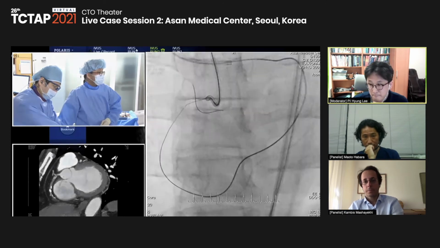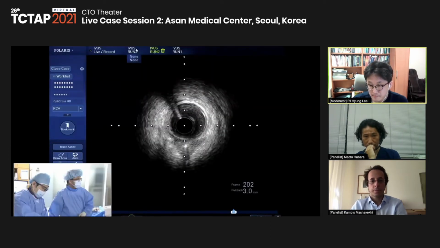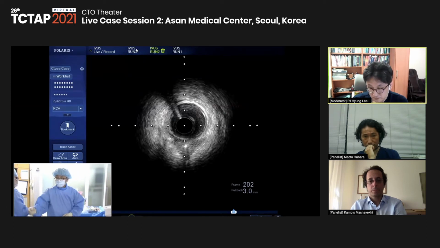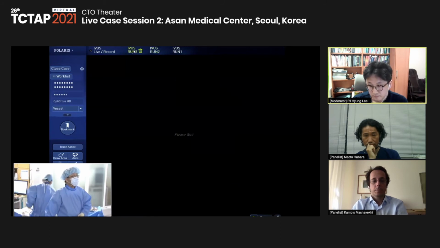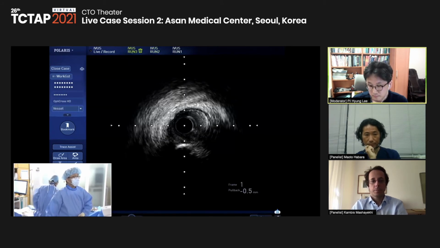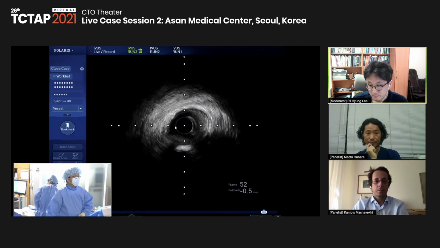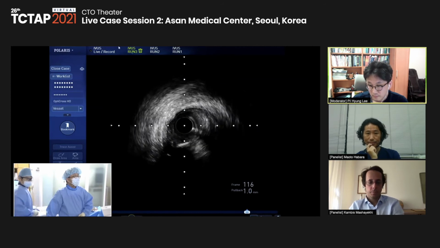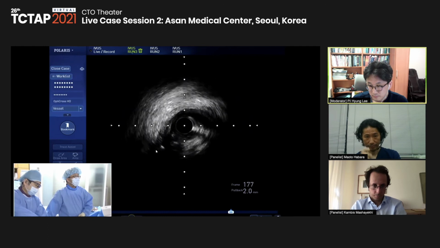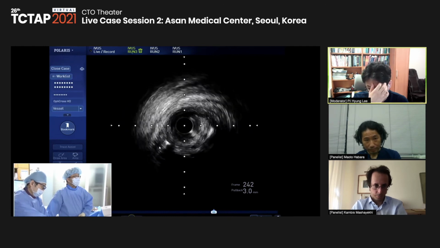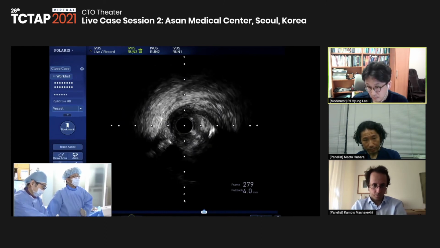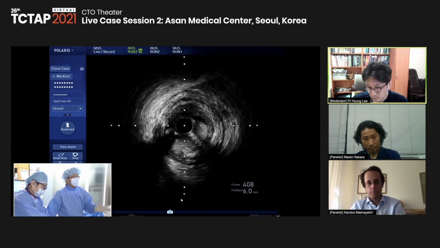After I put my wire at the more proximal portion, I did another IVUS examination. Can we see the IVUS? Okay. So you can see there is superficial calcium there, and you see the wire. So it's definitely in a different position compared with the previous one.